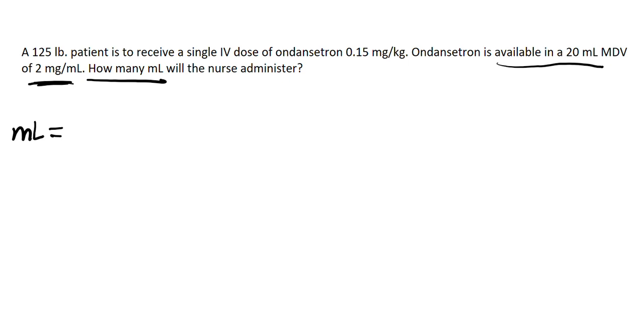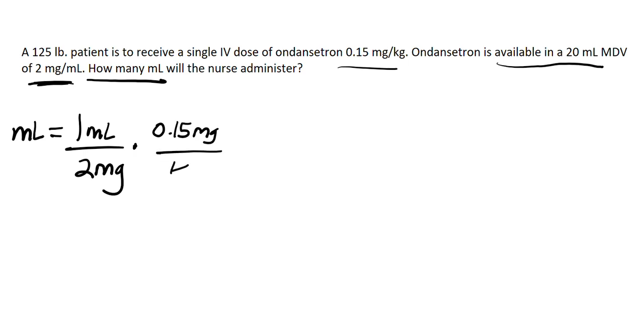That's what we need. So we are going from 1 milliliter to 2 milligram. We are going to look for a milligram in our order here: 0.15 milligram per kilogram.